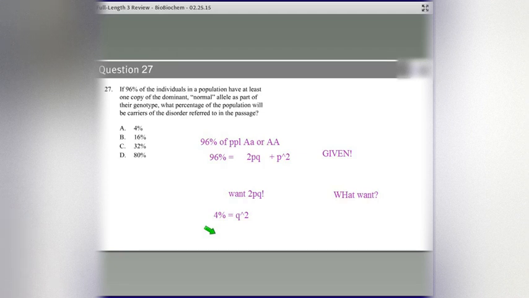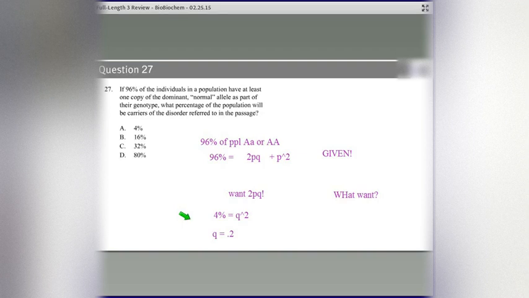In order to get q squared, we had to square a number, so we have to multiply a number by itself. If q squared is 4%, then q must mean we have to multiply 0.2 times 0.2. So we know the q is going to be equal to 0.2, and we had 2 decimal points, so that's how we got 0.04.